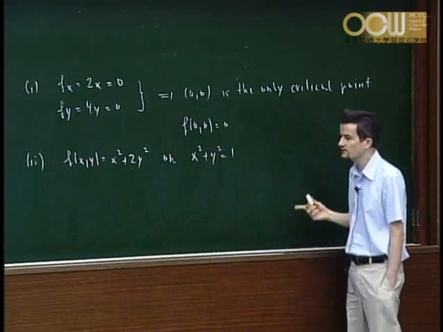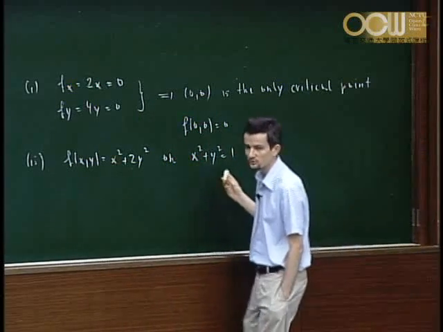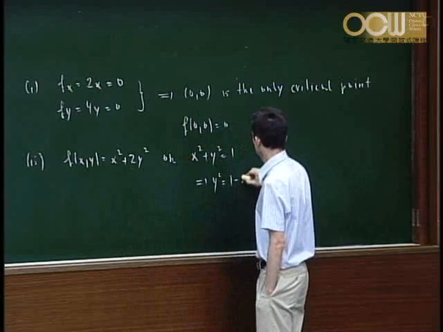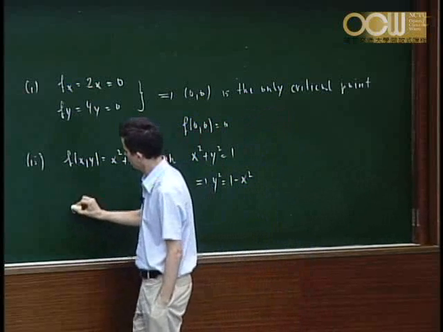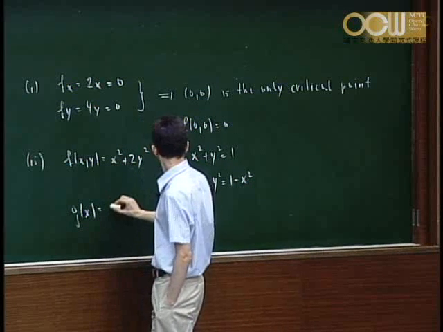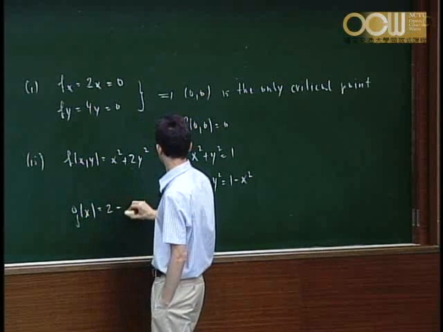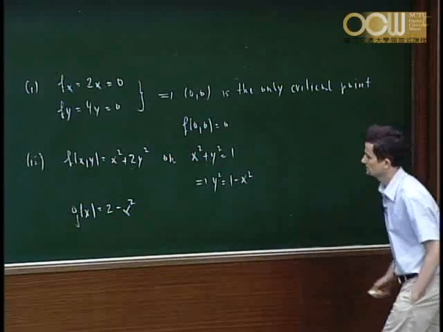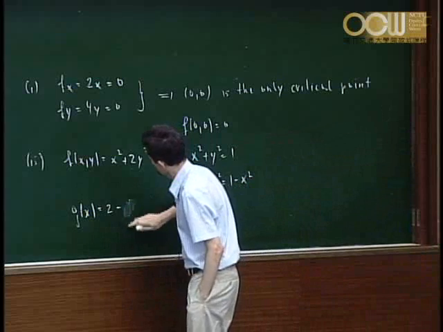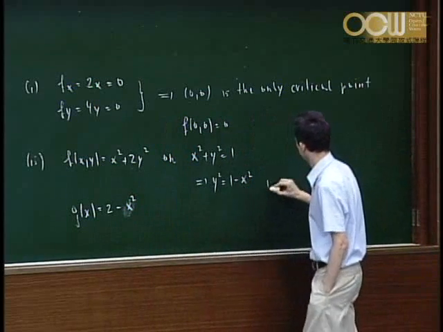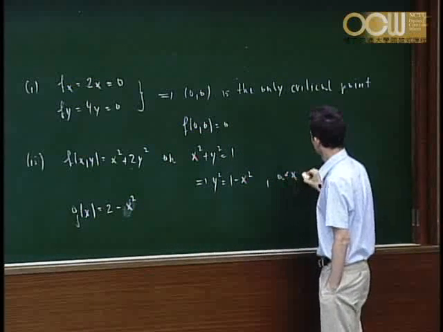But also for this example it is almost trivial because you can solve this for y squared. You plug this in, so you get the function g of x, which is then 2 minus x squared. And because of this condition, the x must be between -1 and 1.